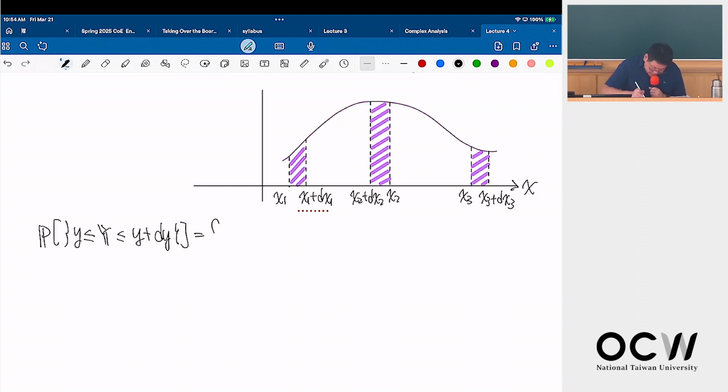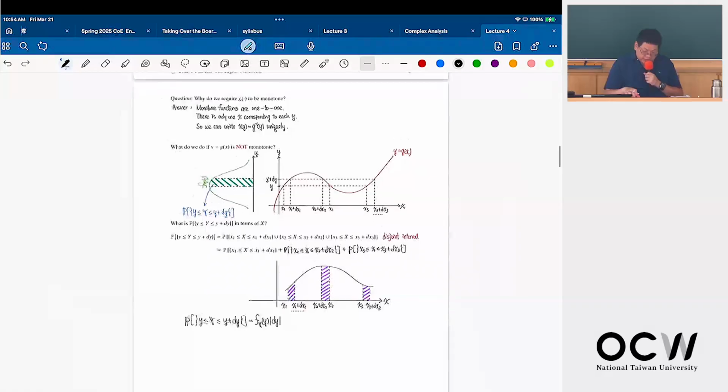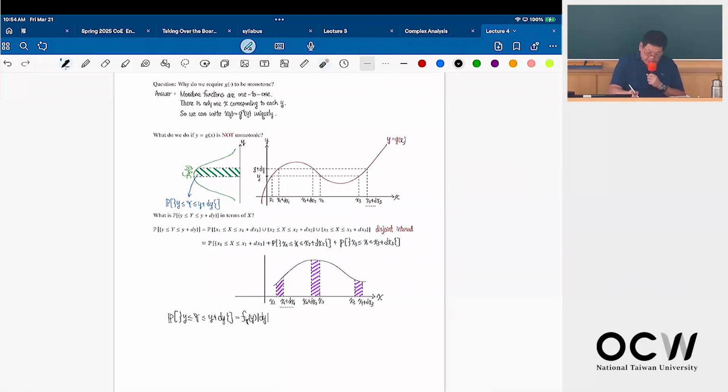That is the PDF of y times dy. Okay, I want the area, and here's dy.